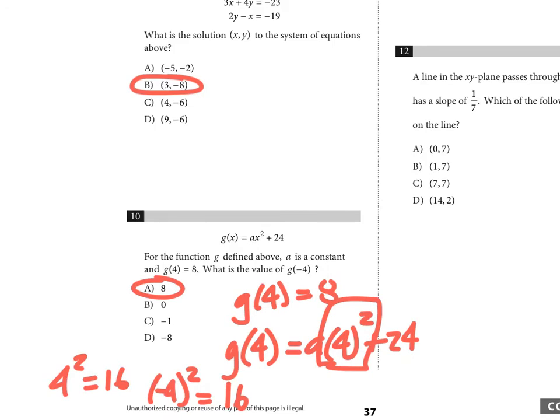I was going to put 8 here, then solve for A, figure out what A is, and then plug in negative 4. But then I realized, wait a second. If I plug in 4, I'm going to square it. It's going to be positive. If I plug in negative 4, it's going to give me the exact same thing. So whether I plug in negative 4 or 4, I'm going to get the same answer. This is a symmetric function, too. We can talk about that later.